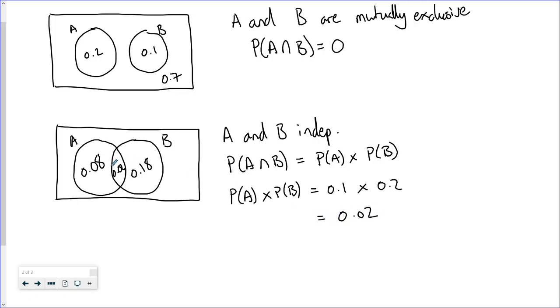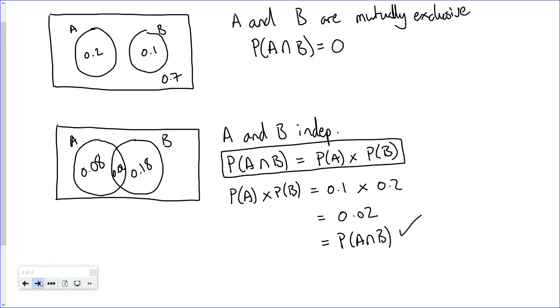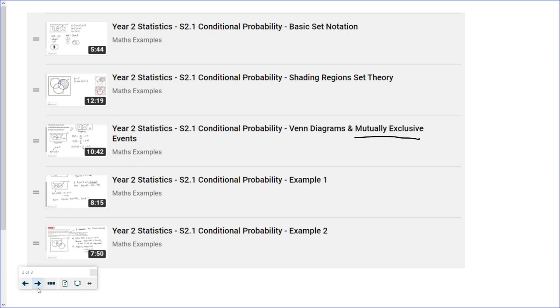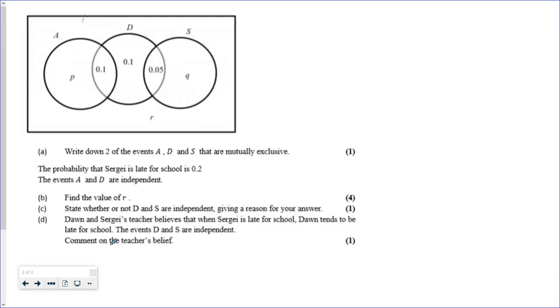And that is equal to the intersection, the probability that both of them happen at the same time. So that is equal to probability of A and B happening. So that means that they are independent, and that's our definition. And in the videos in chapter 2, you'll see why this definition makes sense.